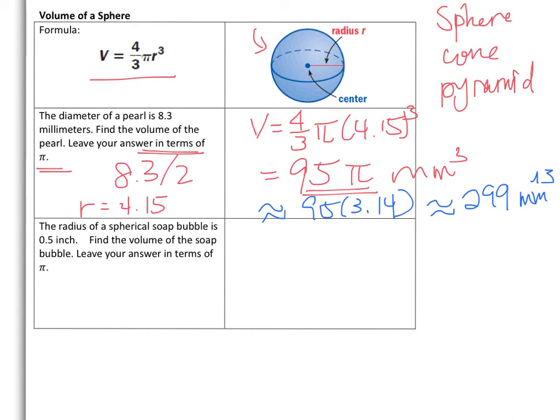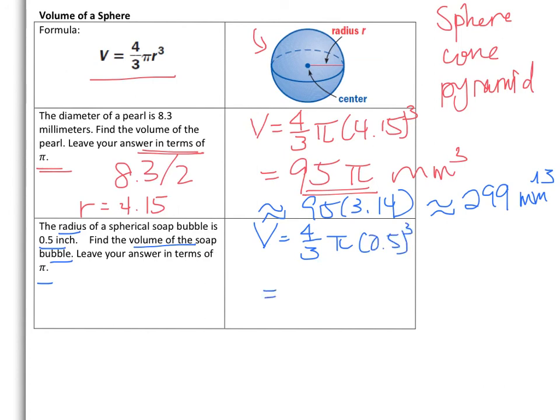Okay, and then let's do one more. The radius of a spherical soap bubble is 0.5 inches. Find the volume of the soap bubble. Leave your answers in terms of pi. The volume equals 4/3 pi, the radius 0.5 cubed.